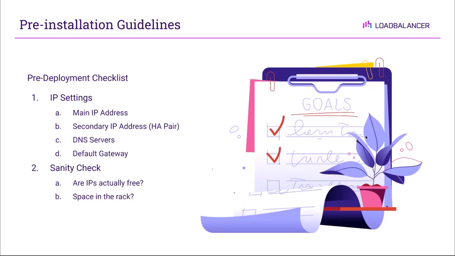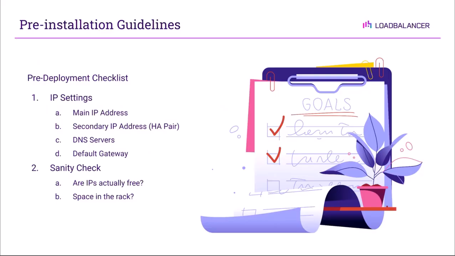Firstly, before you start configuring the load balancer, it is important to go through a little checklist and make sure that certain things are ready. We will obviously need to allocate the IP addresses in the network for both the primary and the secondary appliance.